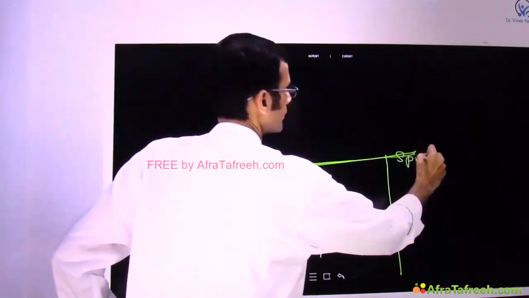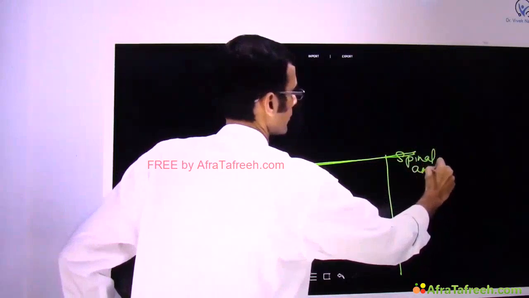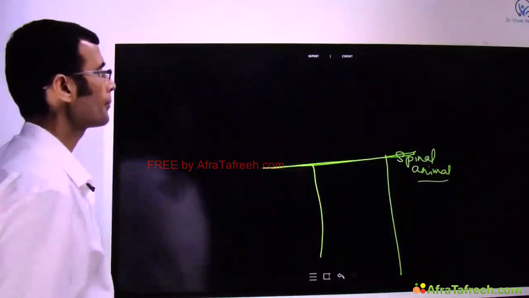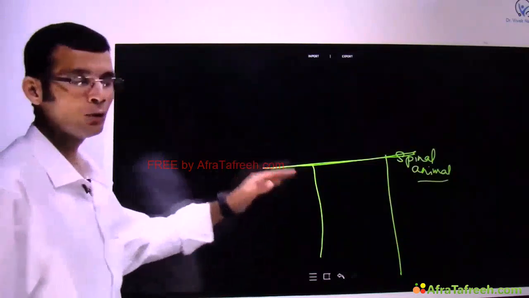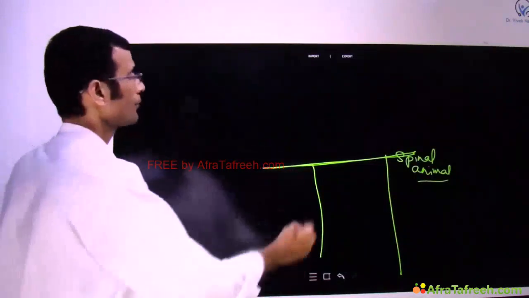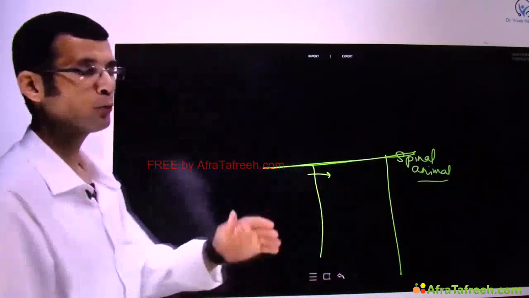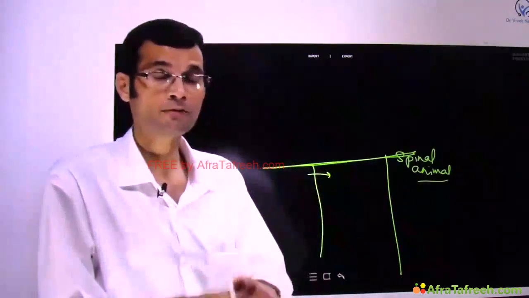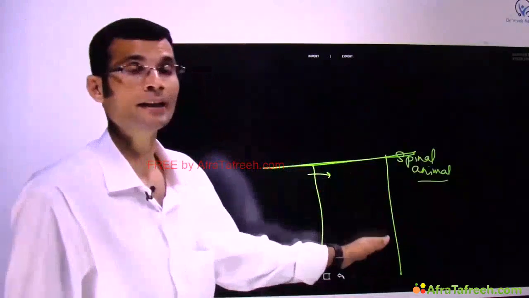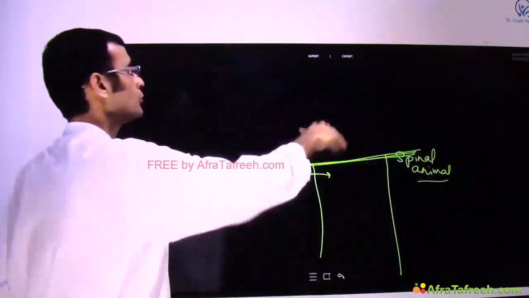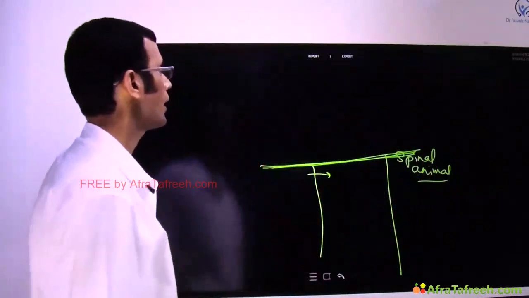This will be called the spinal animal. So only those postural reflexes whose center is in the spinal cord will be seen in this spinal animal when the transection is made at the uppermost level of the spinal cord.